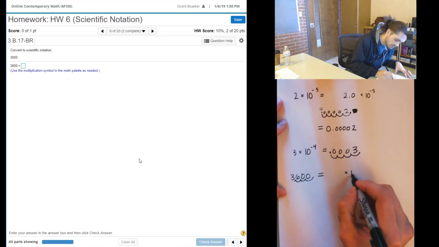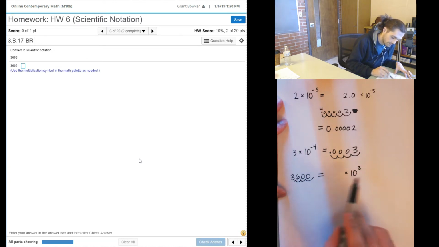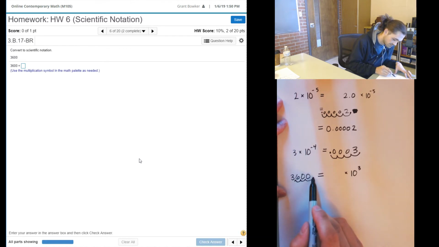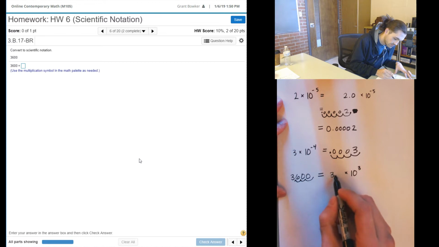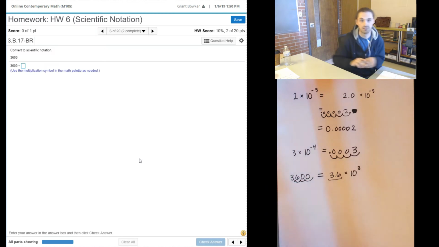So we're going to be multiplying by a power of 10 with 3 as the power on 10 because we need to move this decimal place 1, 2, 3 spots to get our multiplicative factor that sits out front to fall in between 1 and 10. 3.6 falls in between 1 and 10, so this looks good.